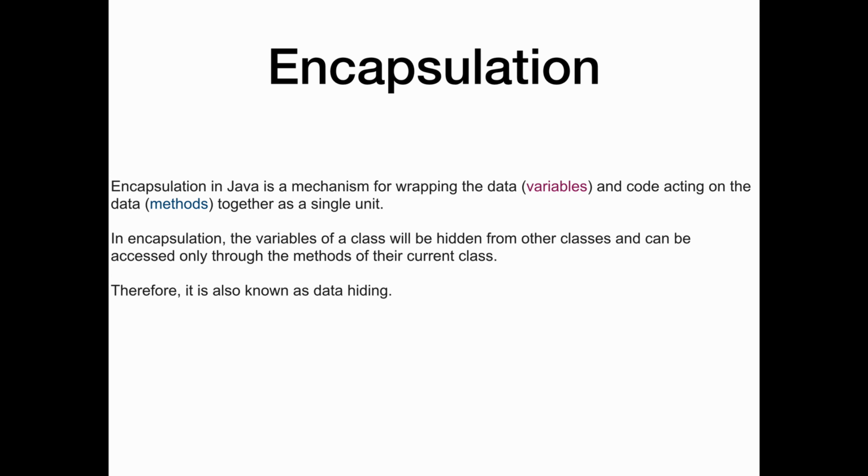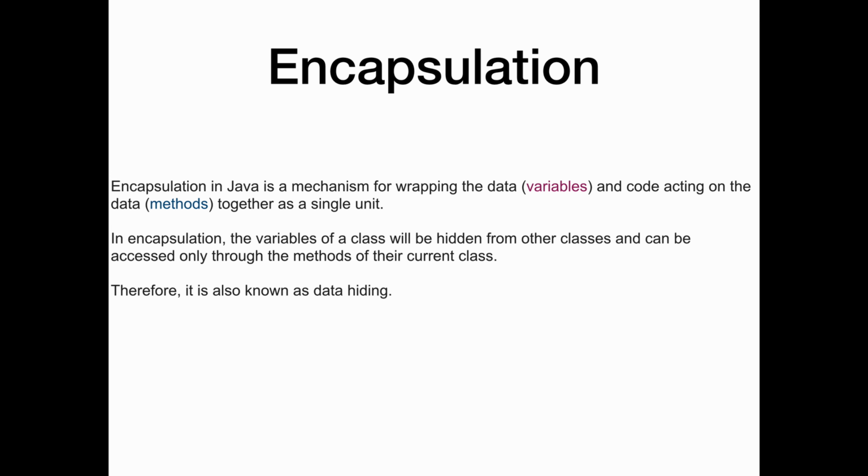So what I mean is that normally in Java, when you create a new class and give it a variable, the variable is public. That means any class can access it when creating an object of that class. But once you have a private variable, that means you cannot access that variable directly. So normally you use a method to handle that data.